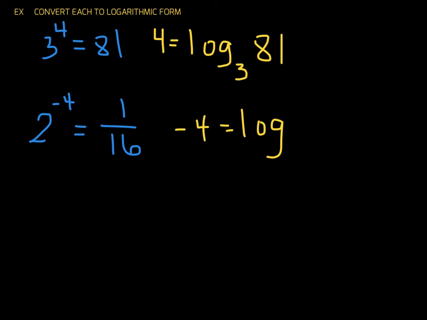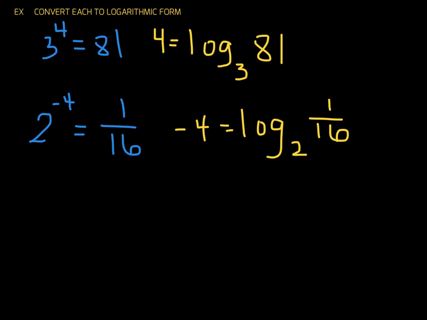So this is base 2, and your argument is 1/16. Remember that when you do this, your base always has to be positive and not equal to 1, and your argument, which is x, must be positive as well. 2 raised to the negative 4th power gives me 1/16.